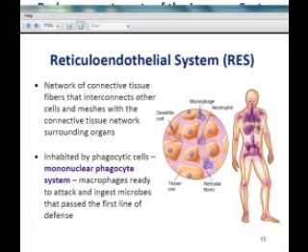So you have mononuclear phagocytes or macrophages that are ready to attack, and we'll talk about those. Just keep in mind that that system is in the connective tissue, is by or surrounding certain organs, and is infiltrated with a lot of those macrophages that are able to ingest and destroy microorganisms.